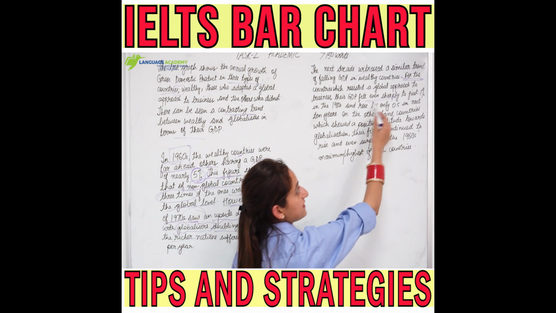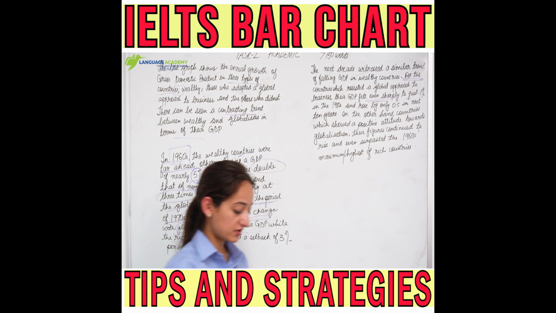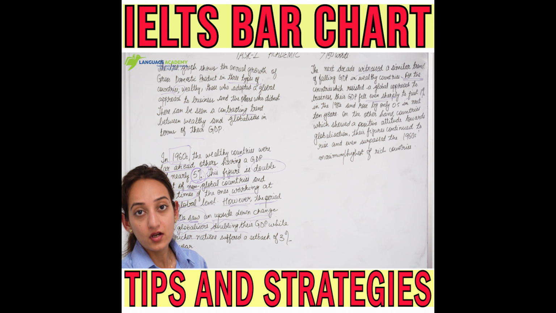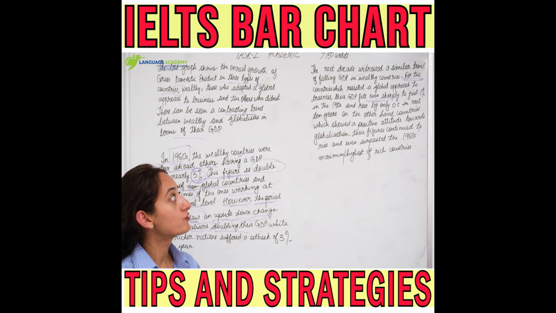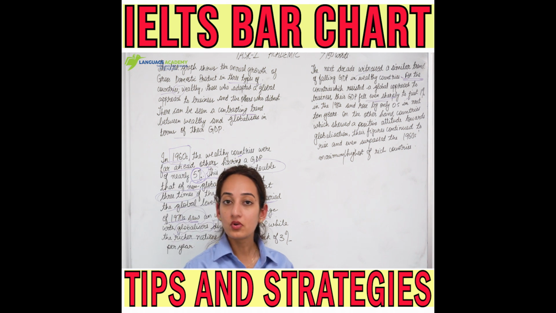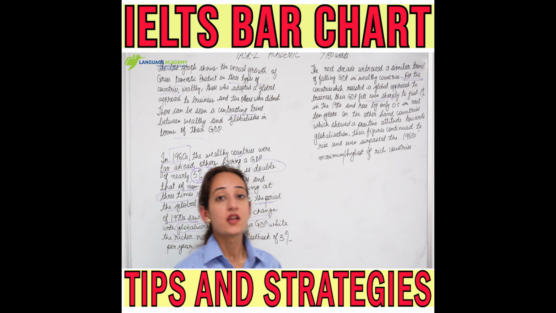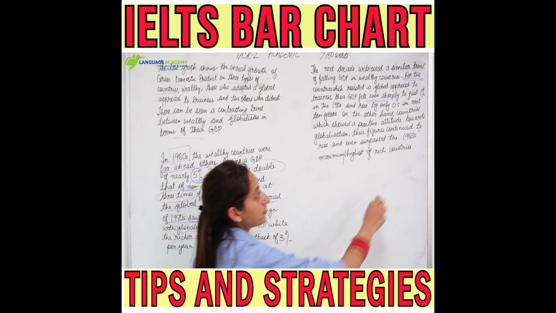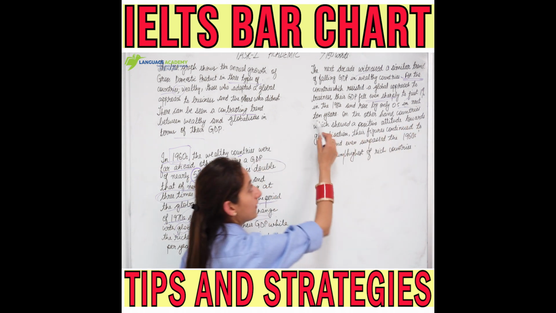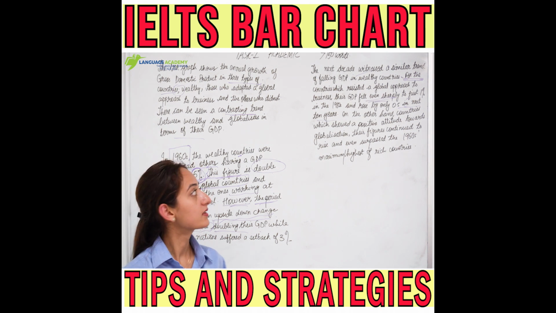Now, if we have used such a big word as "sharply," we are supposed to give a figure also: it fell sharply to just 1% in the 1980s and rose by only 0.5% in the next 10 years. Another way to write the time period is "in the next 10 years."